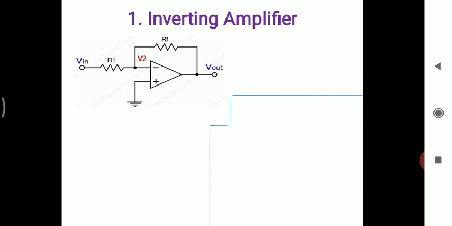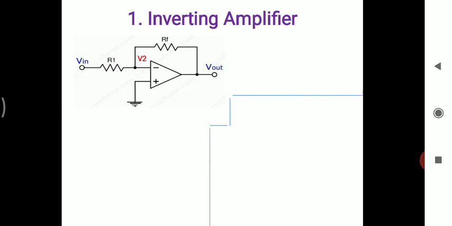The inverting terminal is connected to the input voltage Vin through resistance R1, and the non-inverting terminal is directly connected to the ground. So the voltage at the non-inverting terminal is 0. And one more resistance, RF, is connected between output and input.